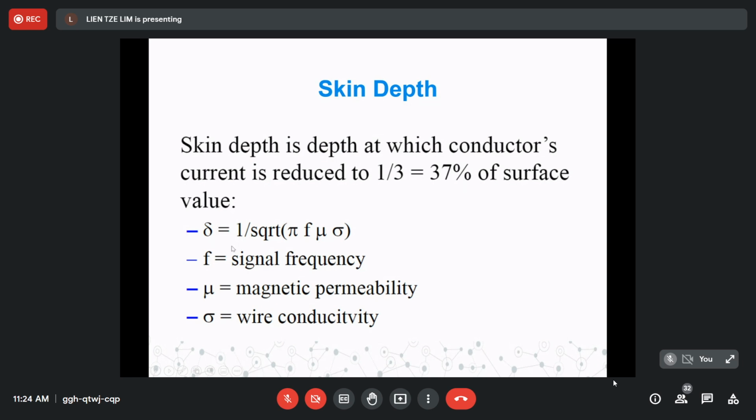And this is the formula that can determine the skin depth. It is determined by using some of the parameters here. Skin depth is influenced by the signal frequency, wire conductivity, and the magnetic permeability.